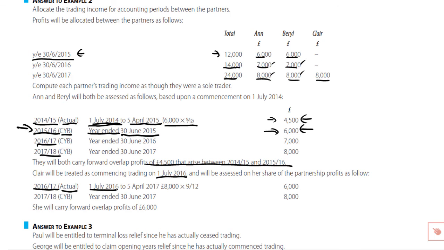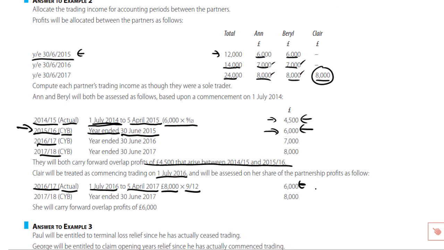Actual basis, start date to following 5th of April. Now, of course, she started at the 1st of July, which was the beginning of the full year ended 30th of June 17, and her £8,000 of profit made for the year, of which 9 months are of course contained here within this tax year, and that gives us £6,000 to be assessed.